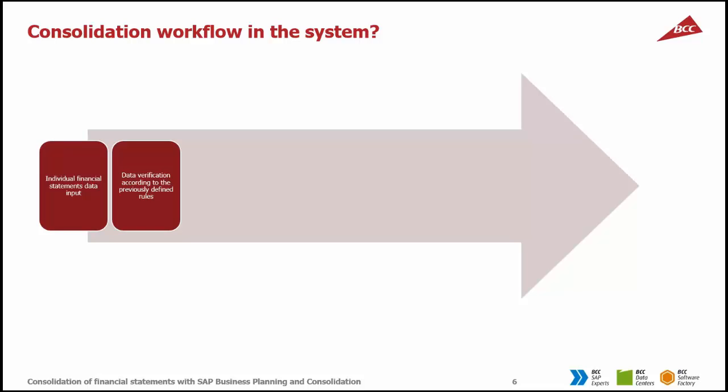For each company, there may be different rules defined regarding data consistency. For example, that assets should be equal to liabilities, that net profit listed in the P&L should be equal to the one listed in the liabilities in the balance sheet.